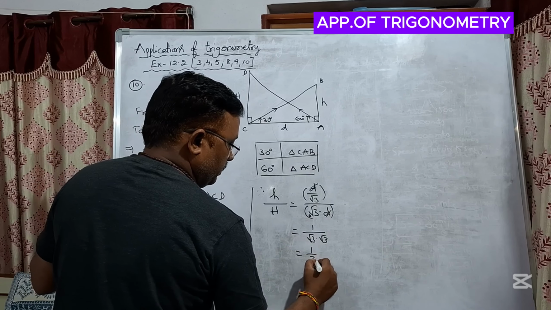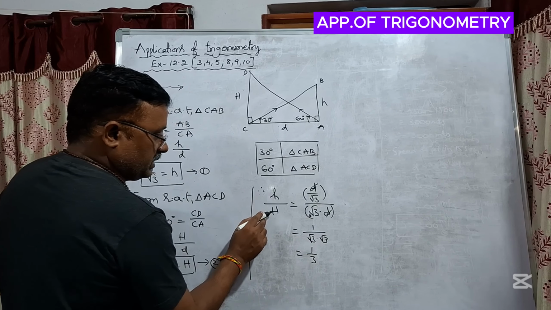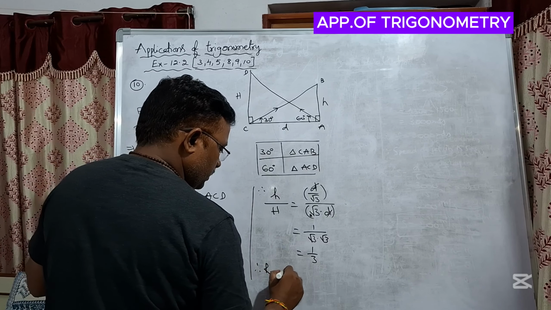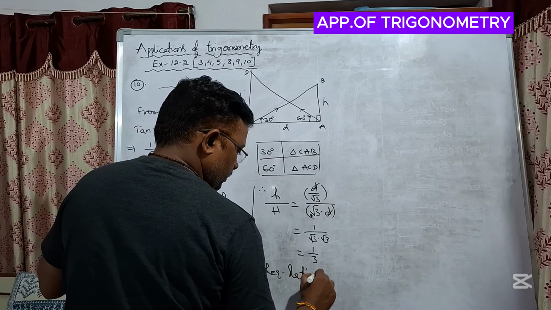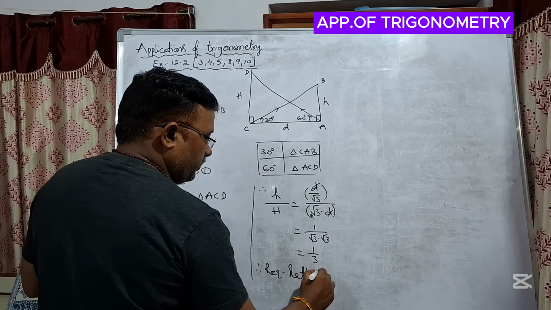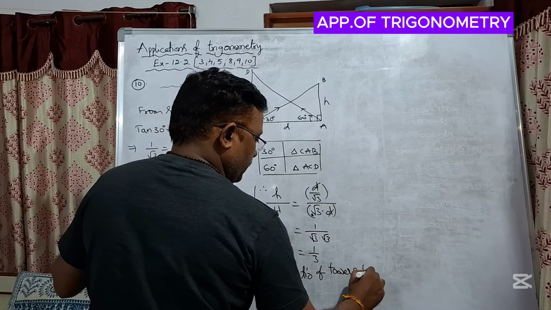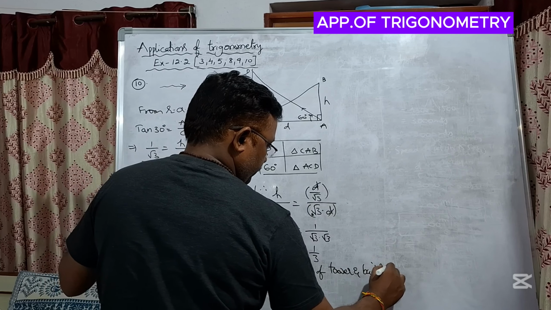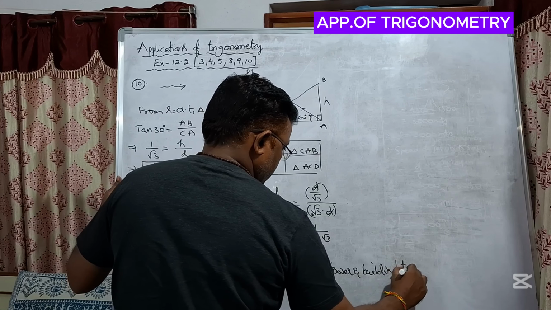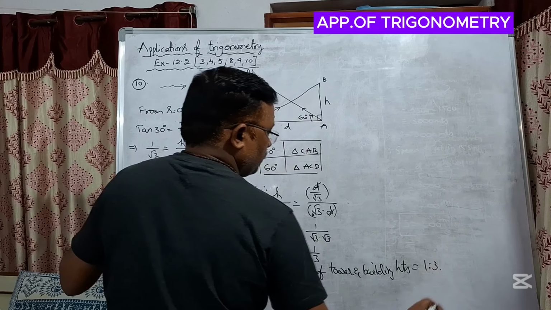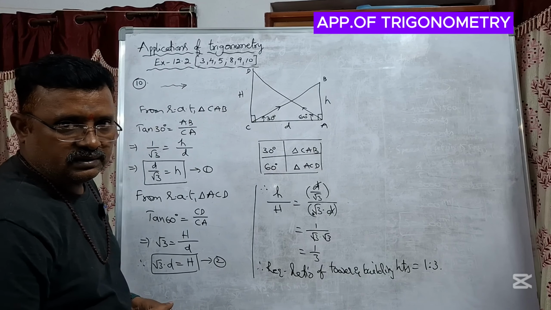This is equal to 1 by 3. That is the small h by capital H value. Therefore, the required ratio of tower and building heights is 1:3. Is that clear, Nana?